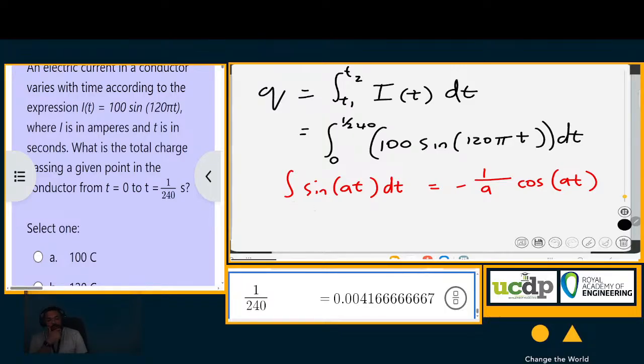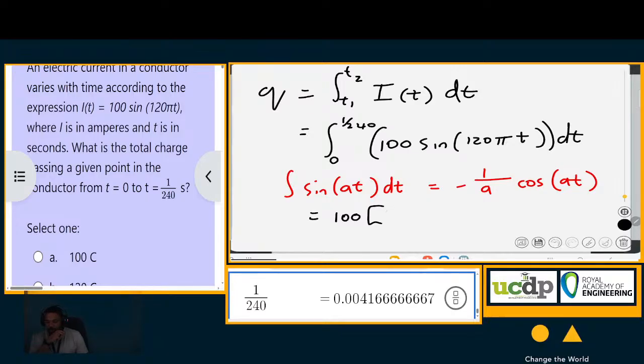Okay, so here we have the integral. So if we continue the sum in black, we have that 100 is a constant, so it comes outside. Now we get to the integral part. We integrate that sine of 120 pi.